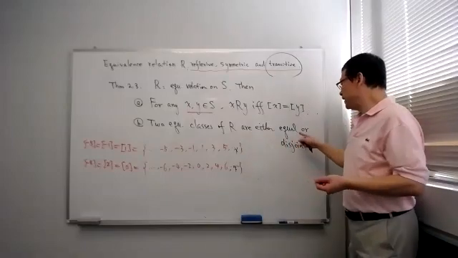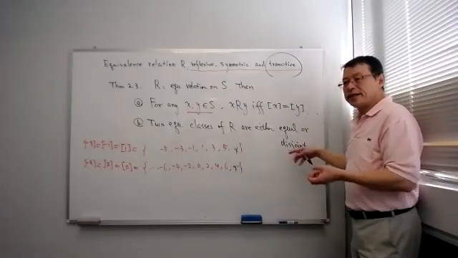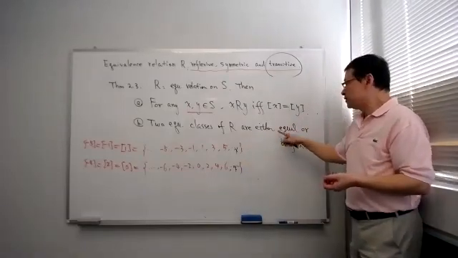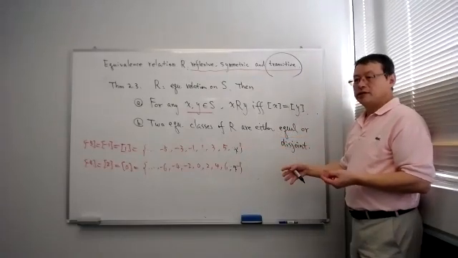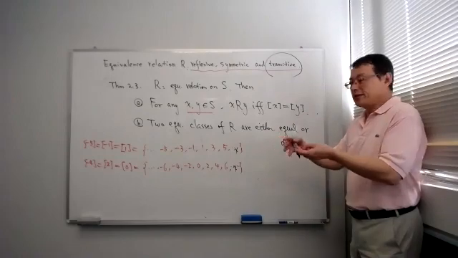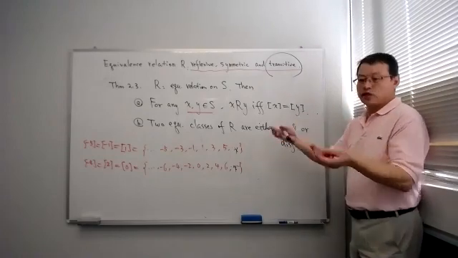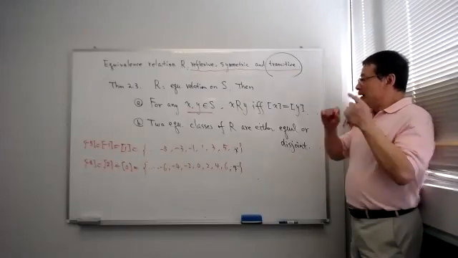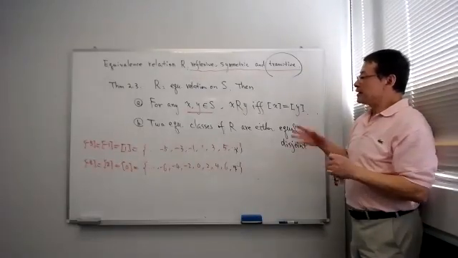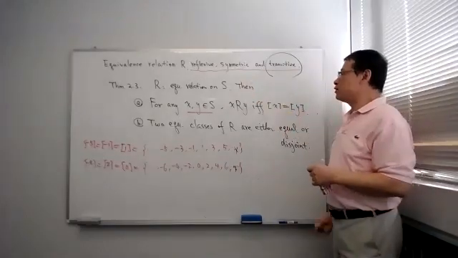So they must be disjoint. They cannot share any element. So that's the meaning of this. Any two classes cannot share, so they must be the same or disjoint. Right? Okay. So that's an important property of equivalence relation.